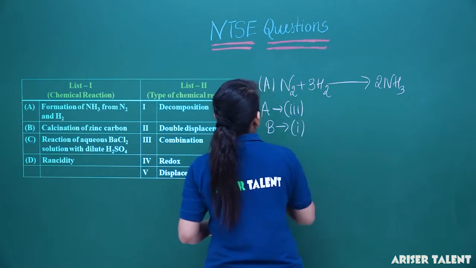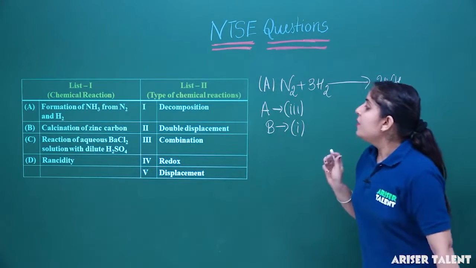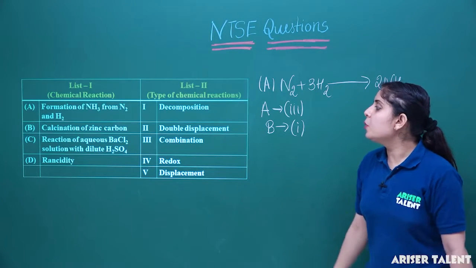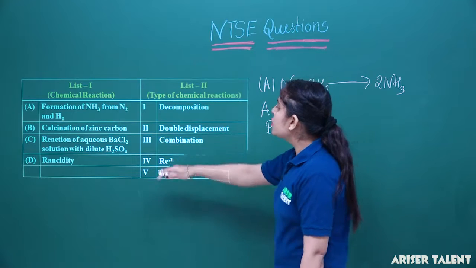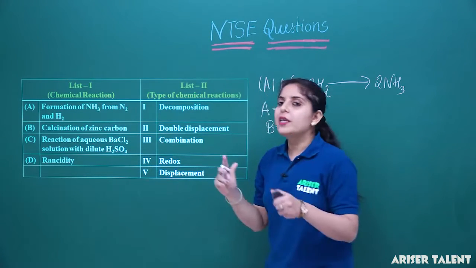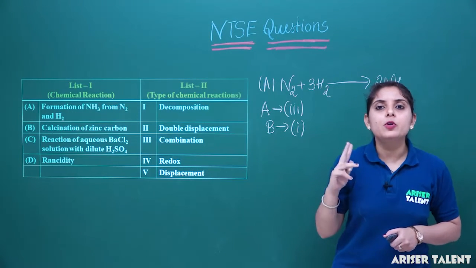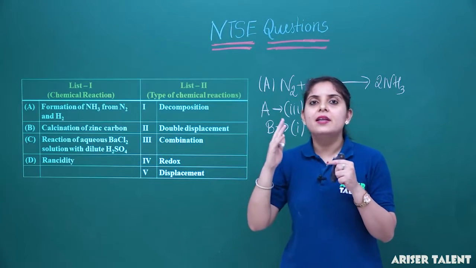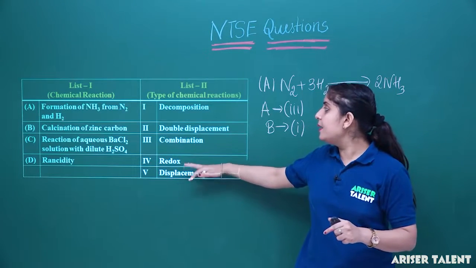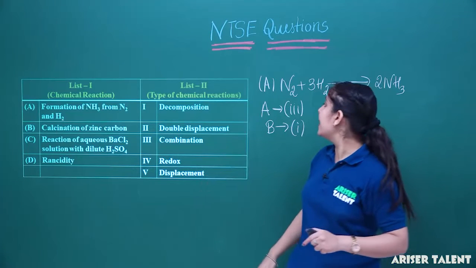Now, reaction of barium chloride with H2SO4. When barium chloride reacts with H2SO4, there will be a displacement of the two ions in the solution, and when there is a displacement of two ions, the name of the reaction will be double displacement. So here the second option is correct.